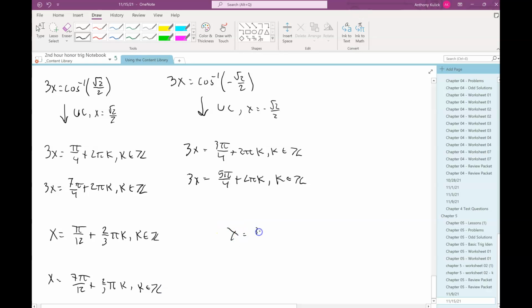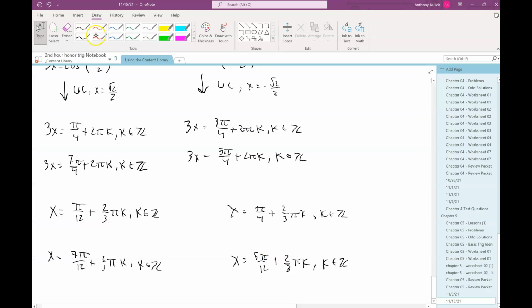And then I have 3 pi over 12, but really that reduces down to just pi over 4, right? Is everybody okay with that reducing that I did there? And then 5 pi over 12 plus 2/3 pi k.